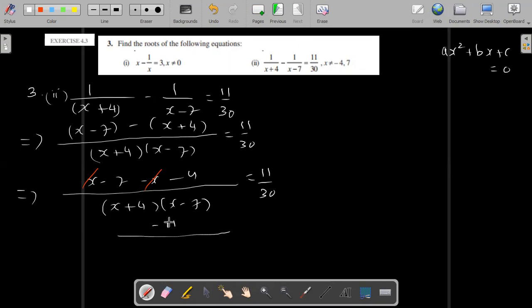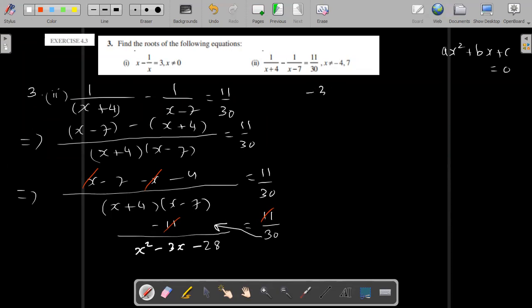So minus 11 upon this, we can multiply x into x, x square, minus 7 plus 4 minus 3x, and minus 7 into 4, 28. I am doing it directly, and this is 11 by 30. Either you bring this 11 this side, or you can cancel this 11, and this will become minus. So this 30 will multiply with minus 1.